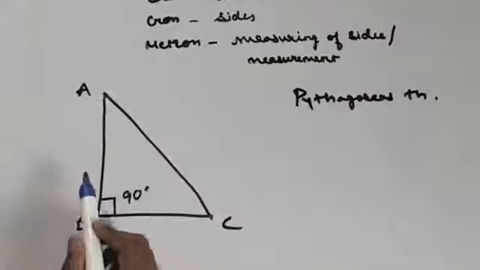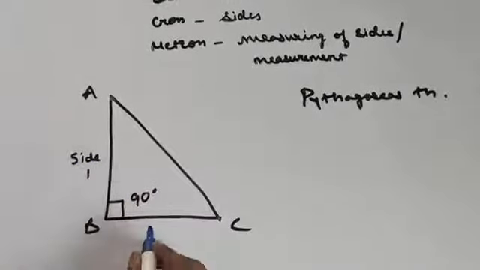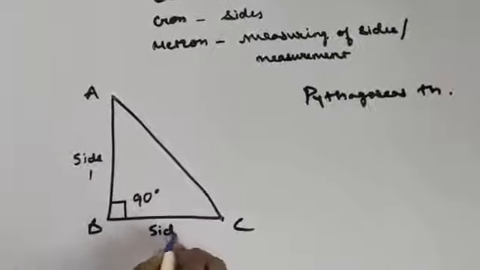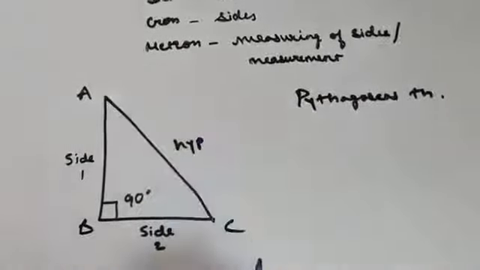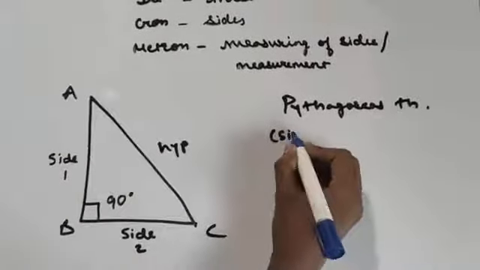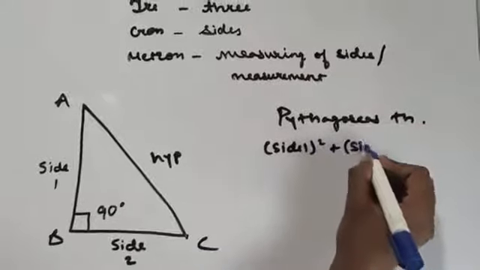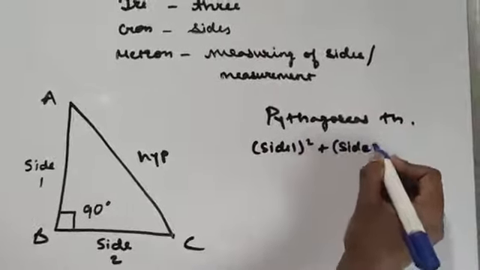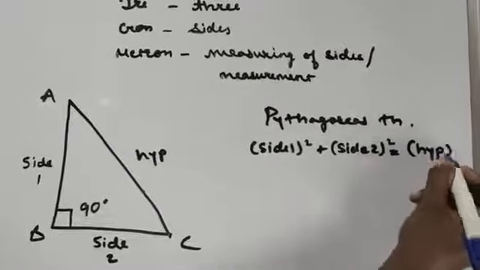Okay, side AB as side 1, side BC as side 2 and side AC as hypotenuse. So the Pythagoras theorem states that side 1 square plus side 2 square is equal to hypotenuse square.